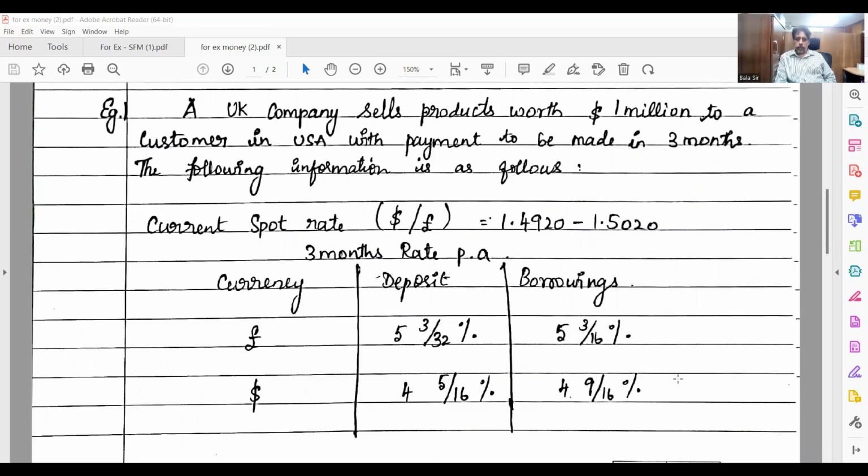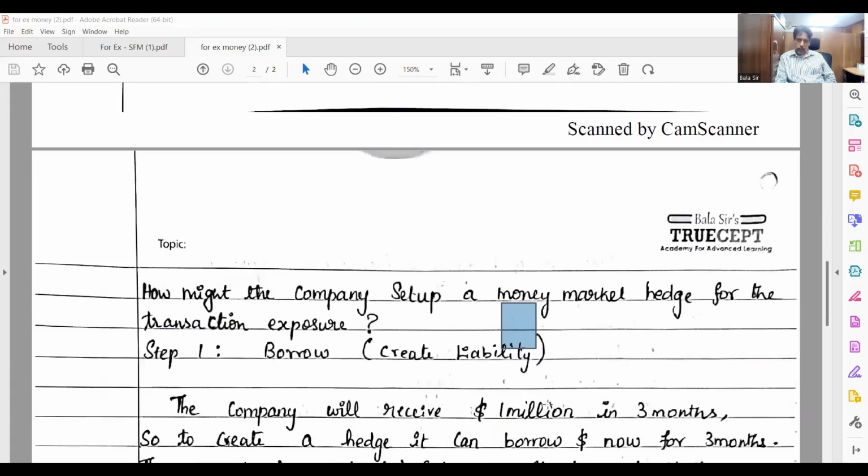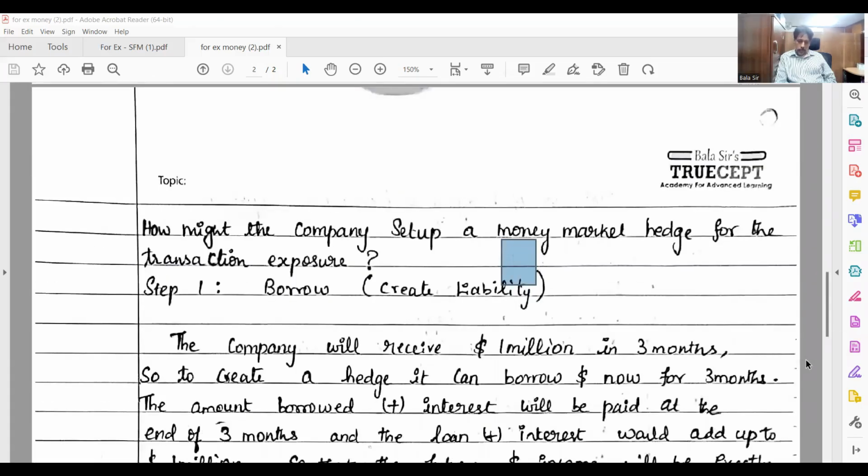For currency pound, deposit rate is 5.3 by 32% and borrowing rate is 5.3 by 16%. And for dollar currency, deposit is 4.5 by 16% and the borrowings are 4.9 by 16%. How might the company set up a money market hedge for the transaction exposure?